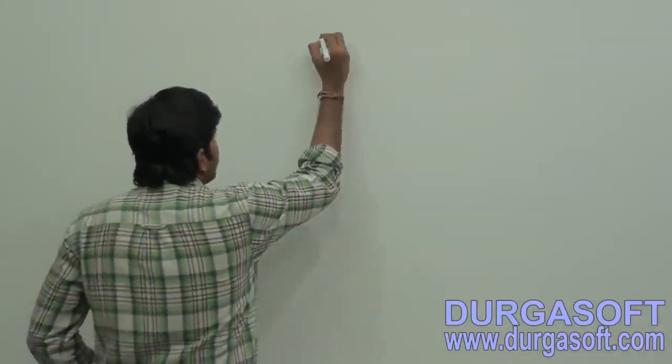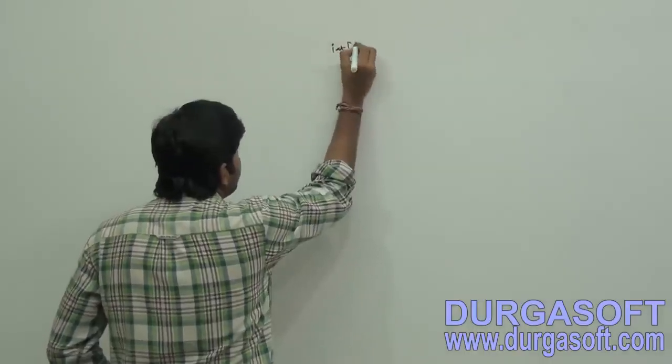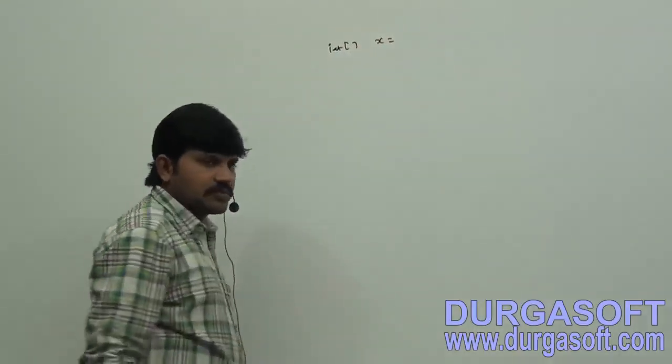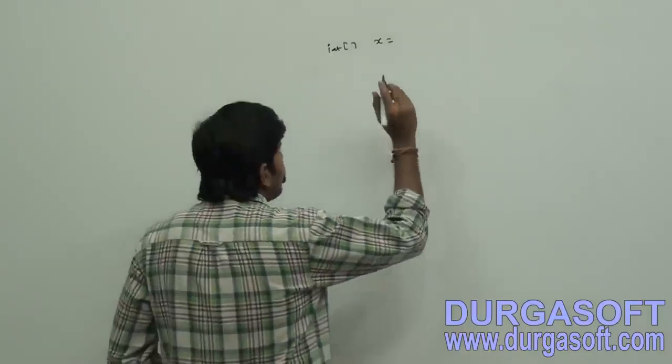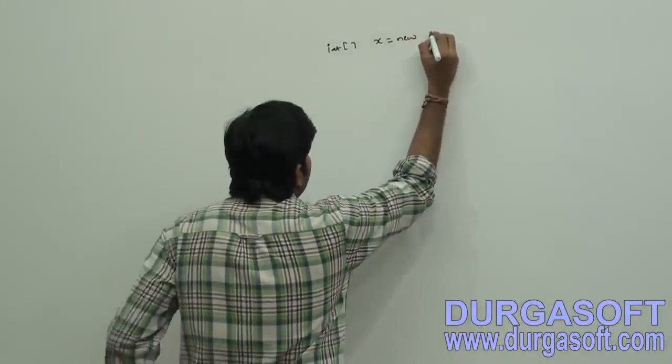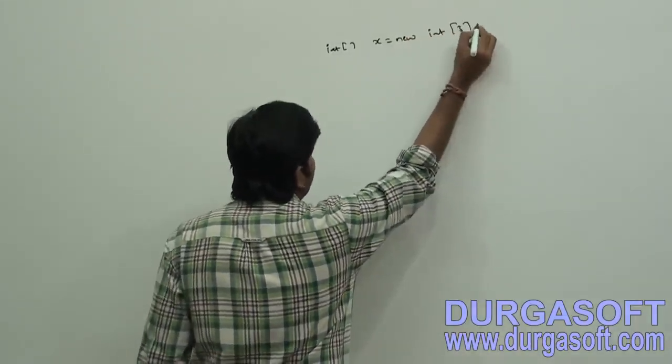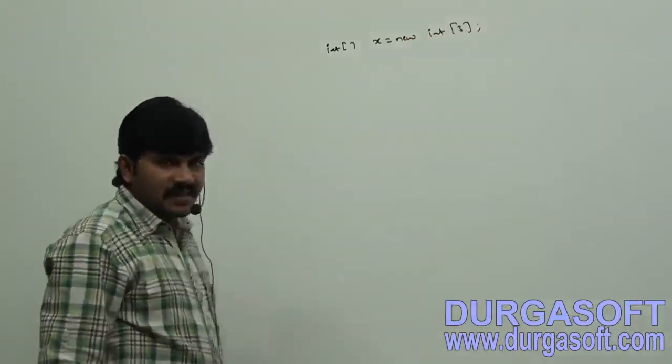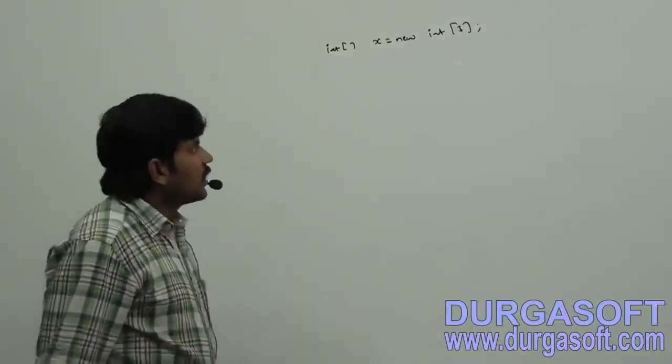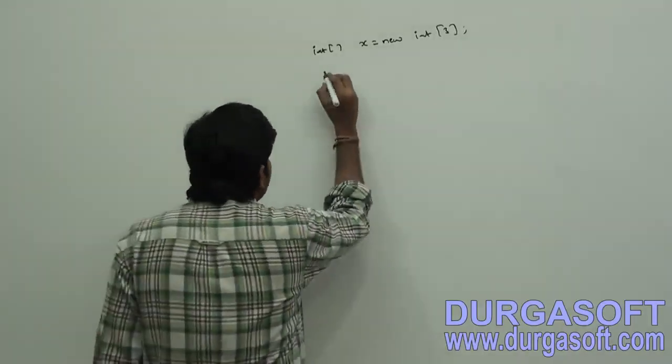Okay, listen. Sir, I am taking int array x is equal to new int array of 3. Sir, listen, this example conclusion is there. Int array x is equal to new int array of 3.